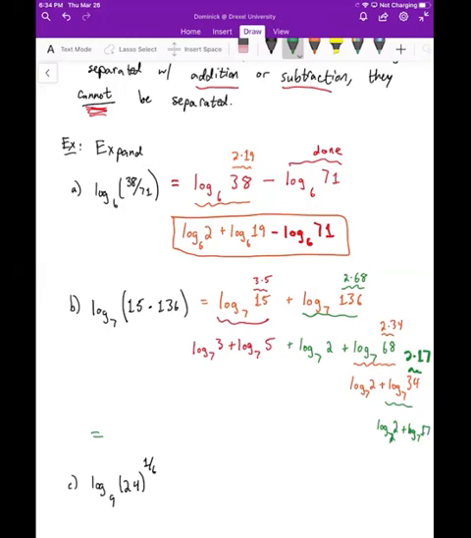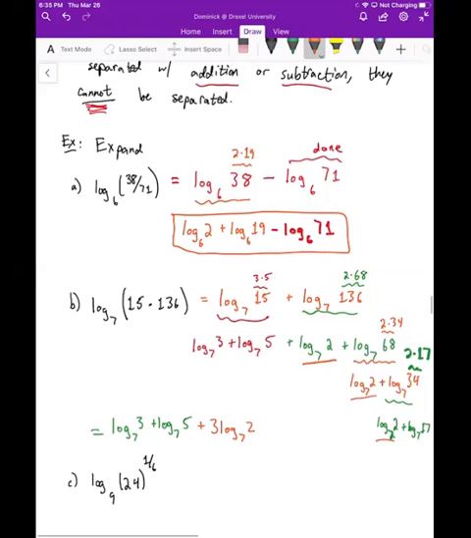So if we collect all of our like terms, we get log base 7 of 3 plus log base 7 of 5, and then we have 1, 2, 3 log base 7s of 2, and then at the end, we finally get a log base 7 of 17. Okay, so there's our final answer there.